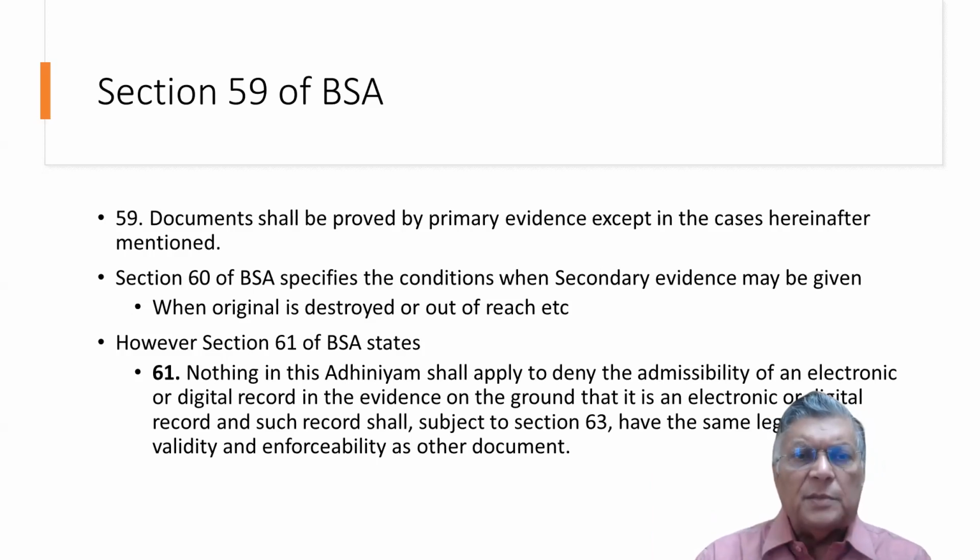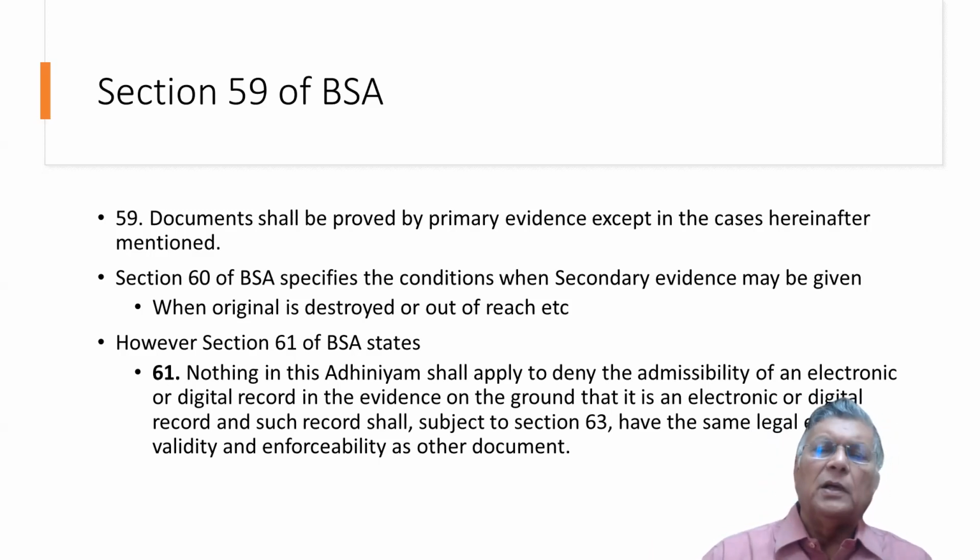So similarly, in the BSA also, there is section 60, which talks about conditions when secondary evidence may be given, like when the original is destroyed or is out of reach, etc. Maybe one of the conditions which will come directly here is when the primary evidence is in the Yahoo server, you cannot bring the Yahoo server, therefore secondary evidence condition is fulfilled.